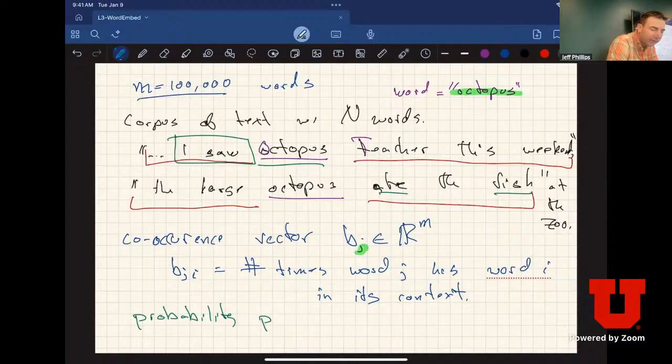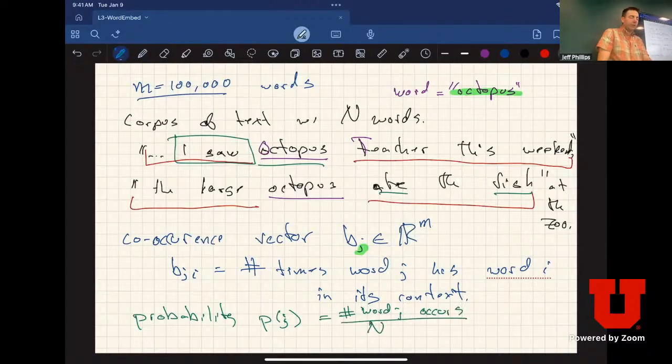So this will be P_j, and this equals the number of times word j occurs, divided by n, this total number here.